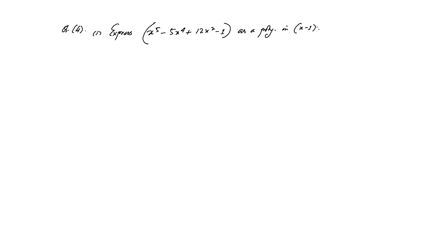That is one of the advantages of synthetic division. From synthetic division we can write a polynomial in x as a polynomial in x minus alpha. So we can do this easily. So we come to the solution.